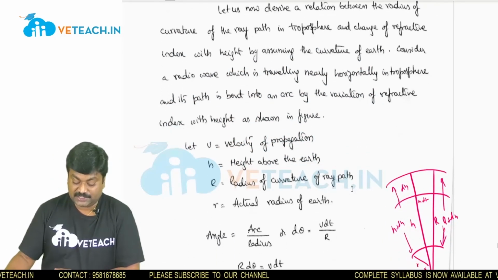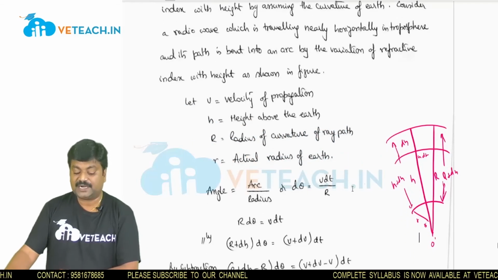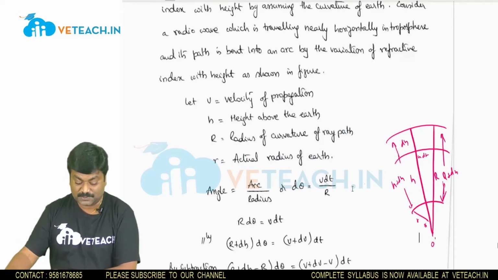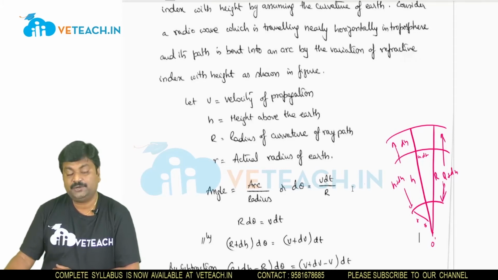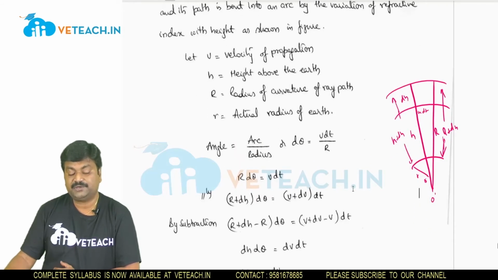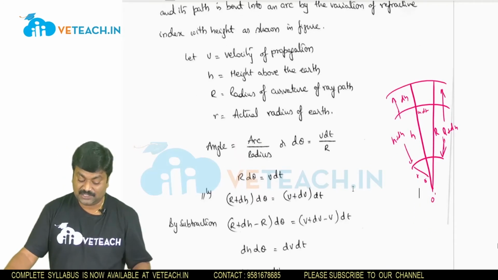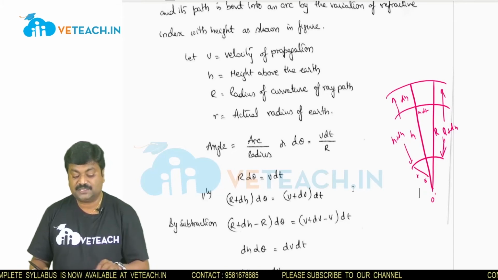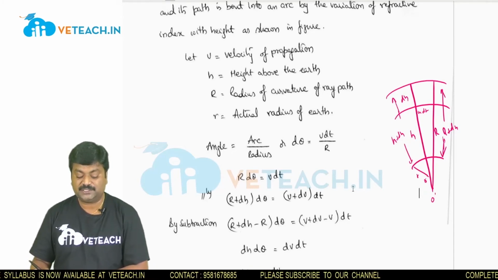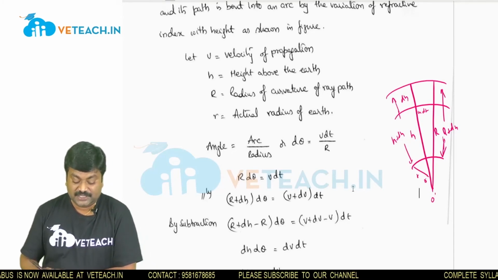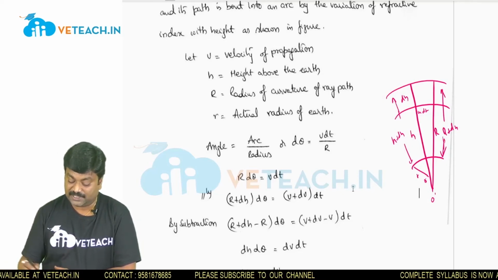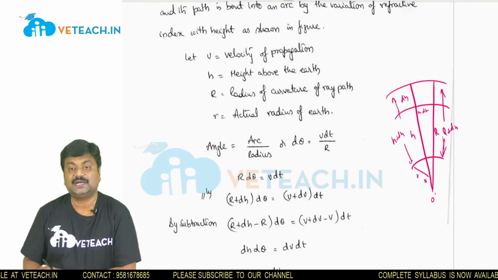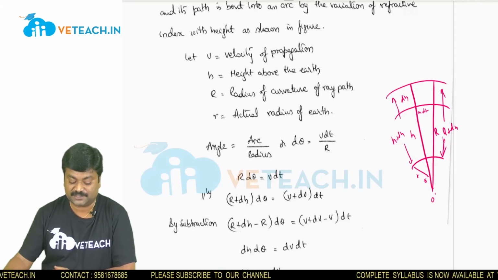So here, consider the radius of curvature when traveling nearly horizontal in the troposphere region, where the path is going to bend into an arc with refractive index varying with height. Let me consider v is the velocity of propagation and h is the height above the earth. Capital R is the radius of curvature and r is the actual radius of the earth.